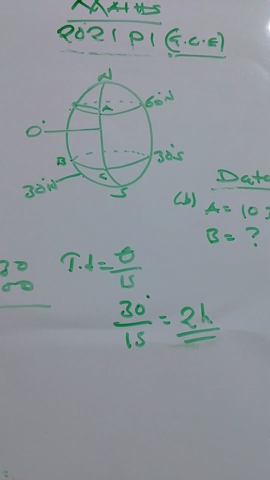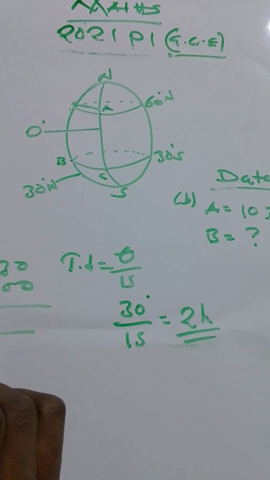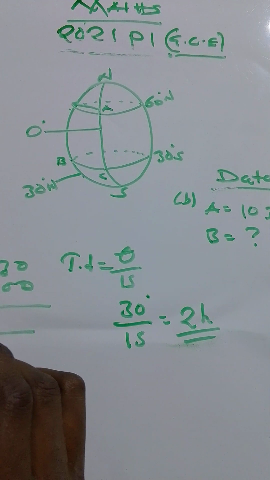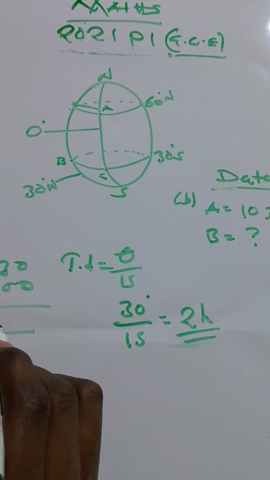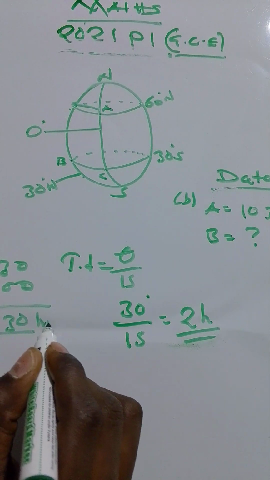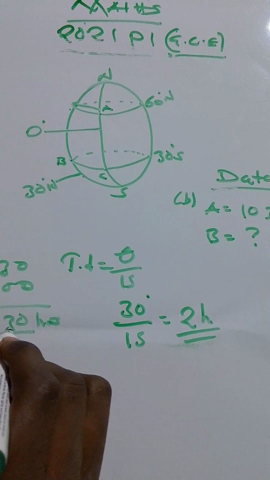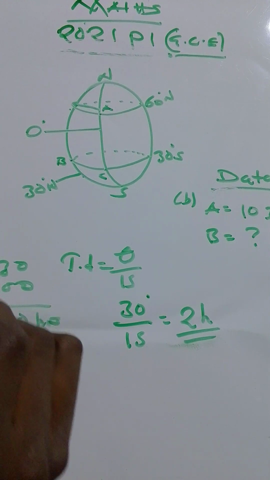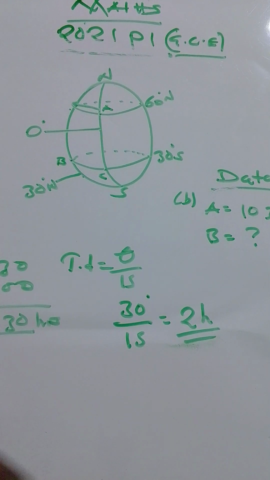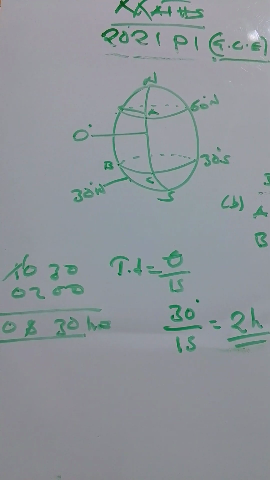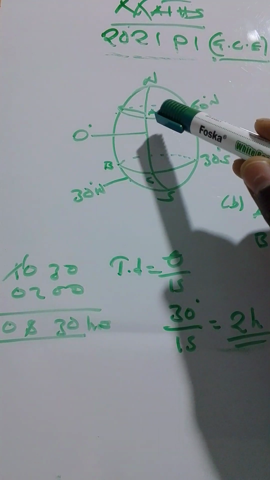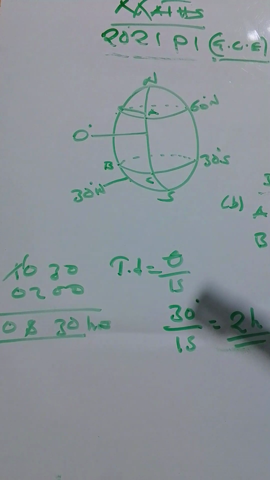Our answer will be 0830 hours: 10 minus 2 is 8, 0 minus 0 is 0. So it was 0830 hours at B. So that is how we do it. Since we're coming from this direction to this direction, of course we need to subtract.